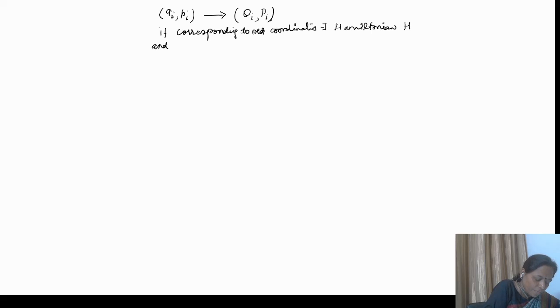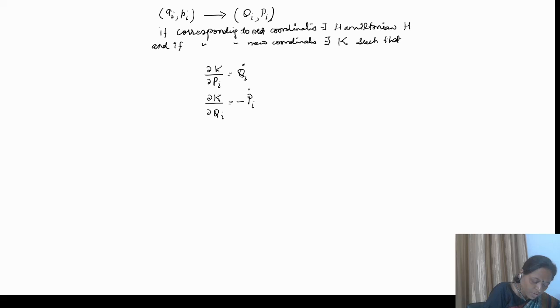And if corresponding to new coordinates there exists some new Hamiltonian, say K, such that delta K by delta Pi is Qi dot and delta K by delta Qi is minus Pi dot.